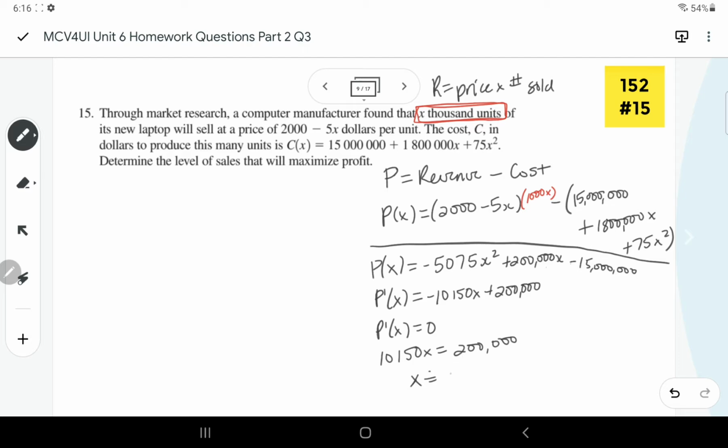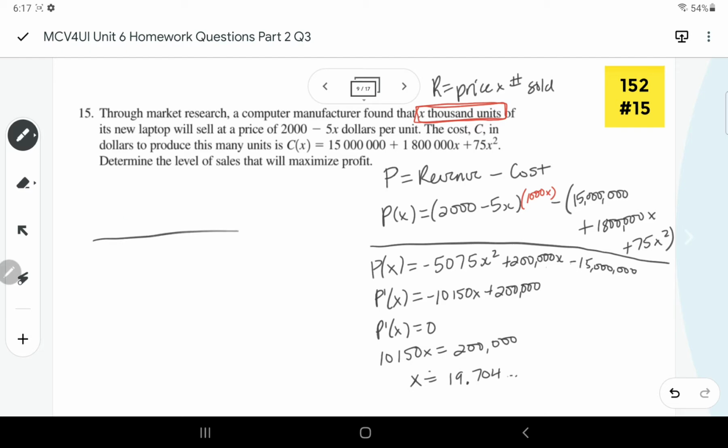So x is 19.704, and because x is the number of thousands, I'm going to keep 3 decimals here. But I want to multiply that by 1,000 to say that that's how many computers I would need to sell to maximize profits.